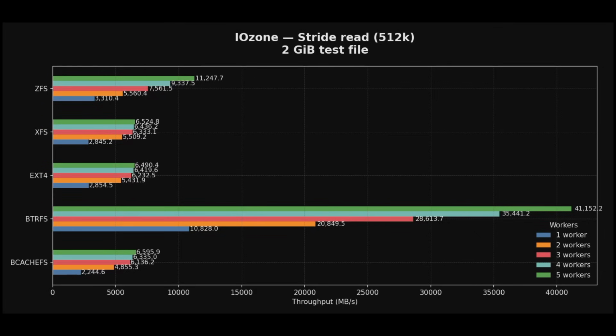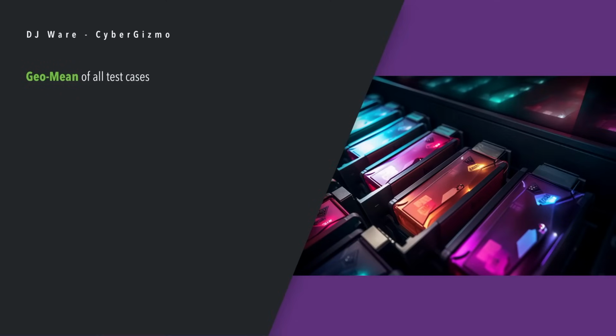And so we have ZFS, which is at 11 megabytes on the top. That's obviously memory. XFS obviously is direct I/O. ext4 is direct I/O. Bcachefs is direct I/O. And Btrfs is some insane thing that I don't know what it's doing.